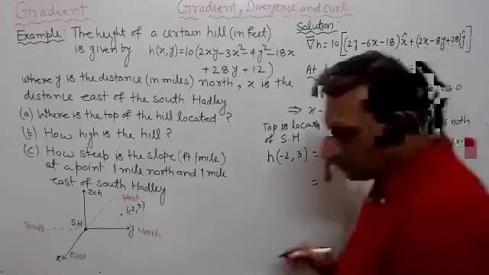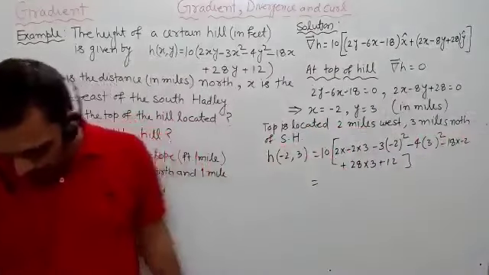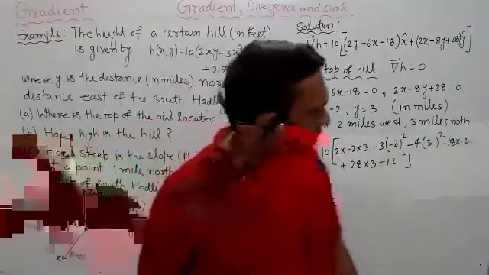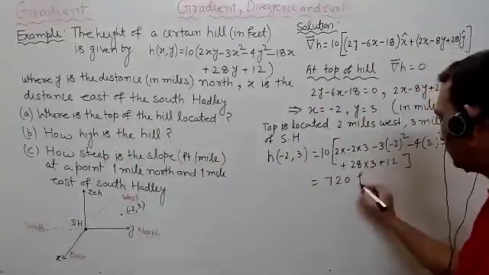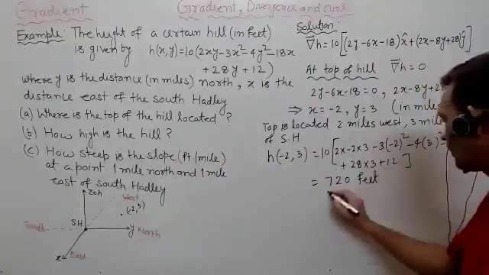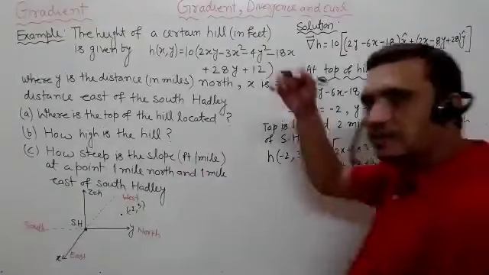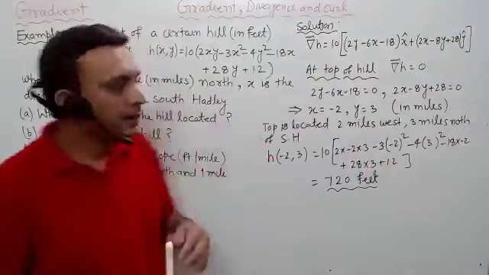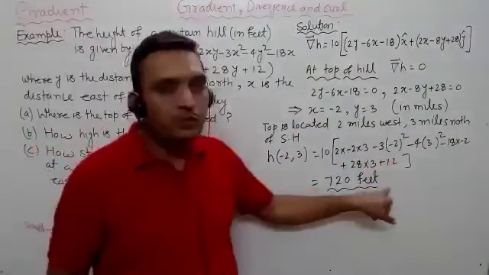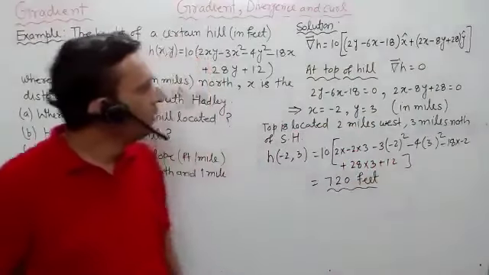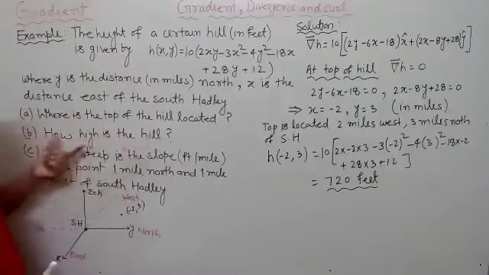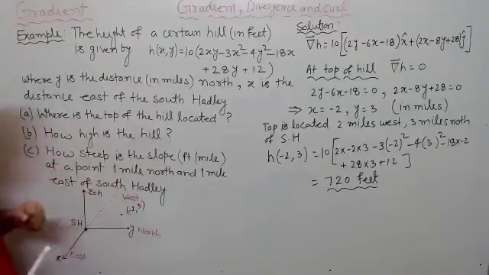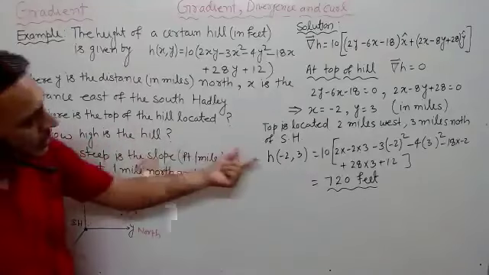If you calculate this, you will get 720 feet. So that is the height of the peak, 720 feet. That is the first part: where the top of the hill is located and how high the hill is.